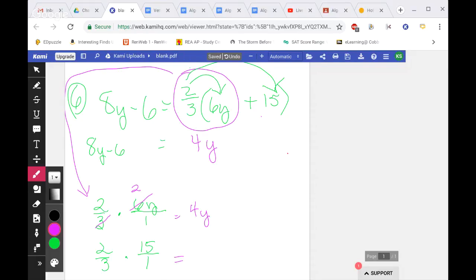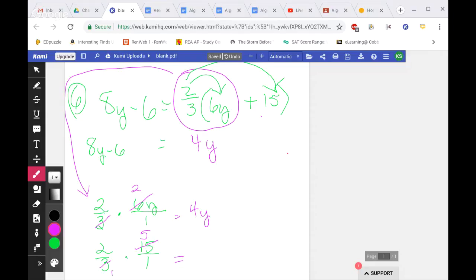Kennedy, I know that you came from a different school, so does that make sense to you when I say simplify before you multiply? Yes, ma'am, it does. Okay. I just want to make sure. I don't want to be saying something that you had not heard before without explaining it. Okay, so 3 goes into 15 how many times? 5.